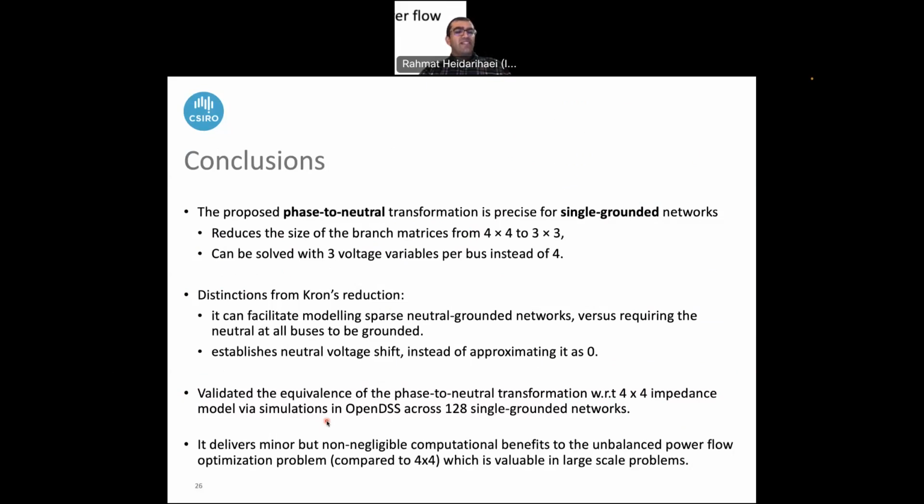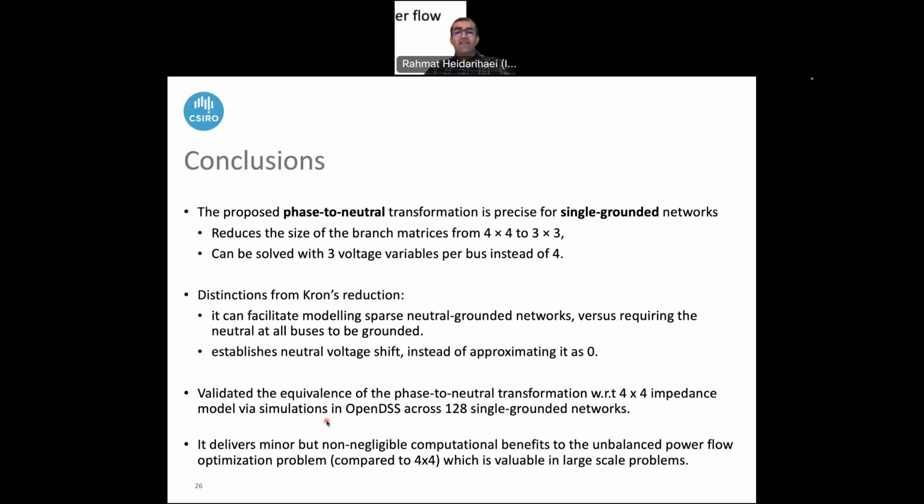This transformation is distinct from Kron reduction, as it can facilitate modeling sparsely neutral grounded networks, whereas Kron reduction requires the neutral at all buses to be grounded. This transformation also establishes neutral voltage shift rather than assuming the neutral voltage to be 0.